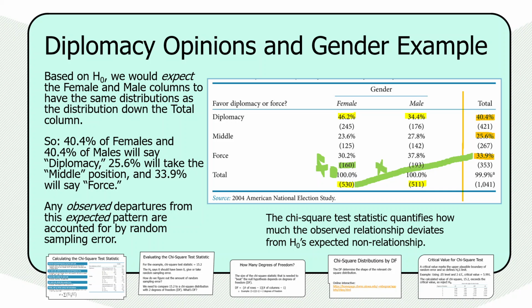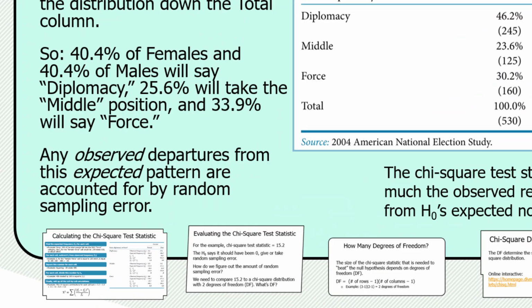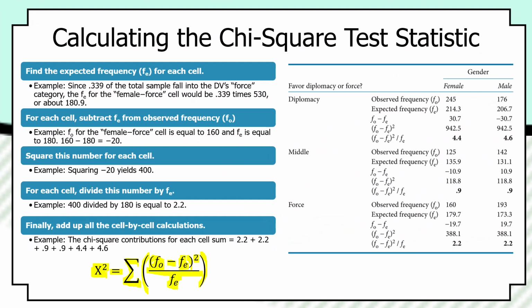Getting back to our example, we observed 160 females. We expected, based on the null hypothesis, about 180. If you subtract 179.7 from 160, that's the next part of the formula, you get minus 19.7. If you square that, you get 388.